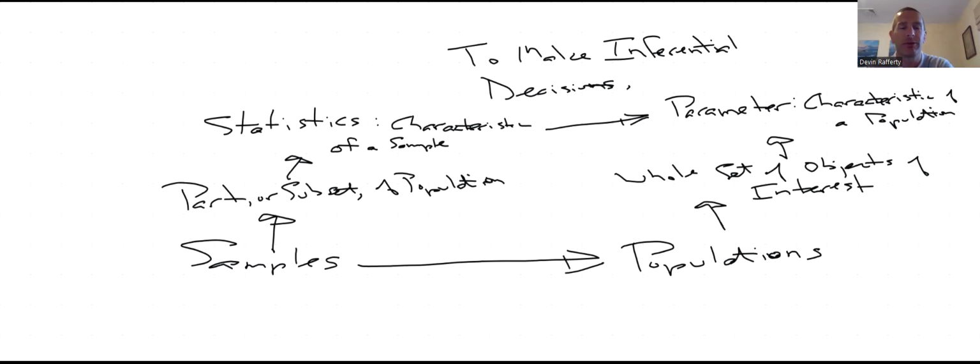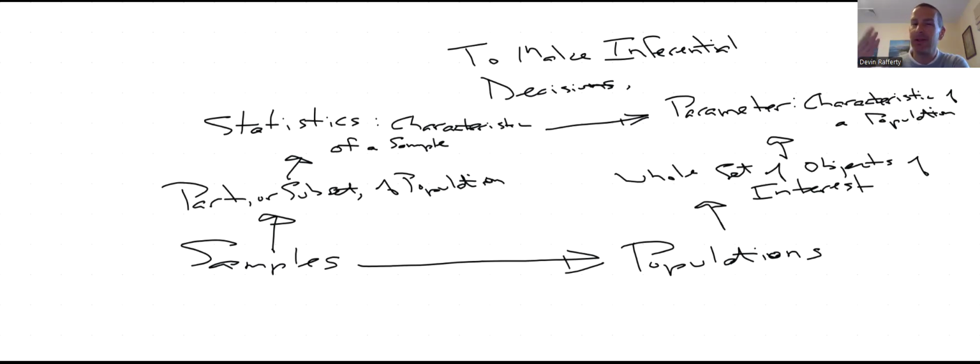If you took every car on the turnpike right now, added them all, and calculated their average speed, that would be the true, actual, real average speed that a car on the turnpike is going. That would be the parameter. That's the characteristic of the population.